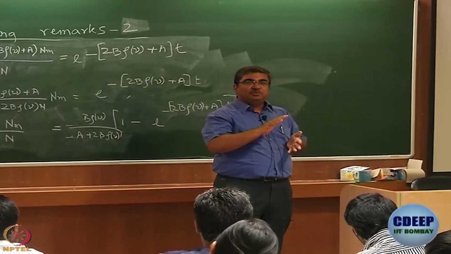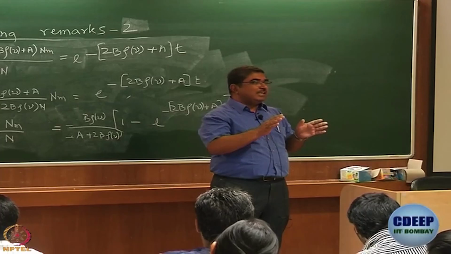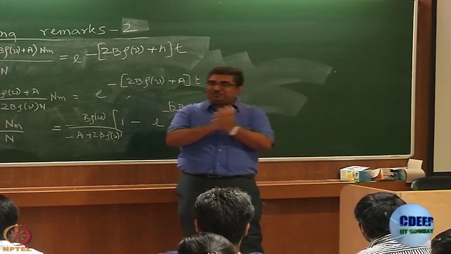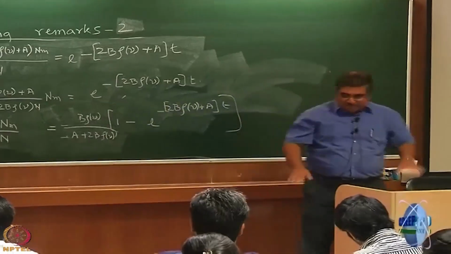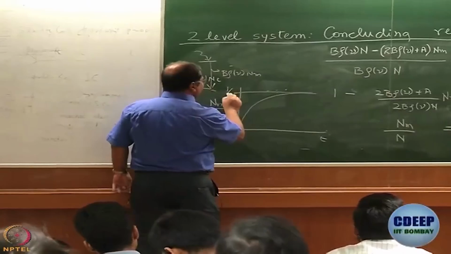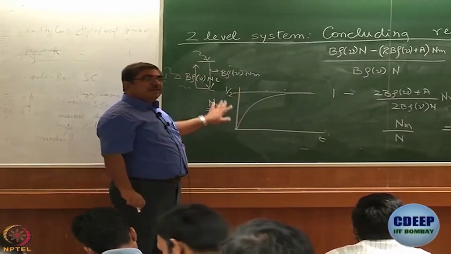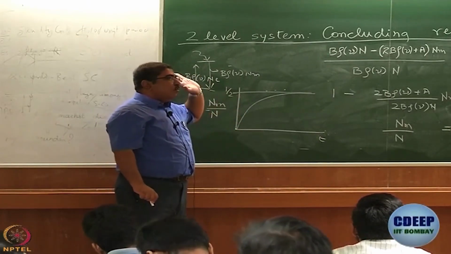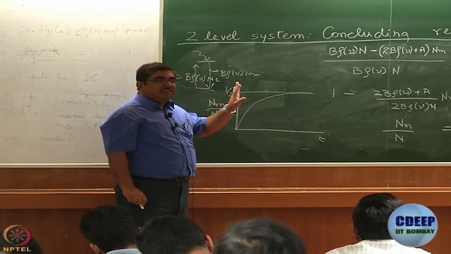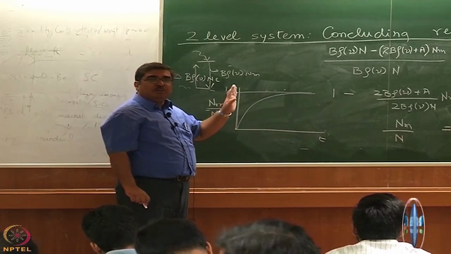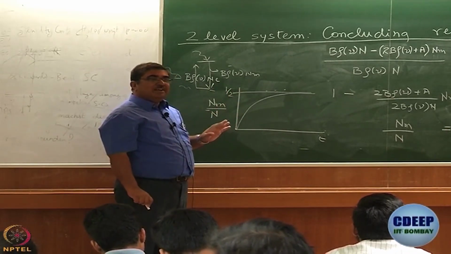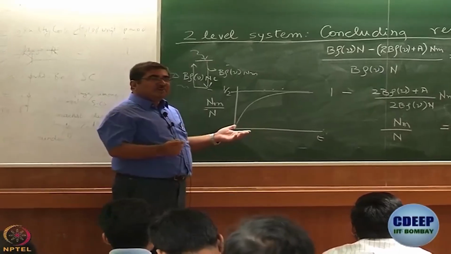Did I throw all this at you a little too quickly? Okay, then let's say it once again. You agree with me that the limiting value of Nm by n is half, right? And when is this limiting value achieved? Only at t equal to infinity. But if you want to go to t equal to infinity, Schuster-macher will be very unhappy, because the perturbation theory will not work anymore.